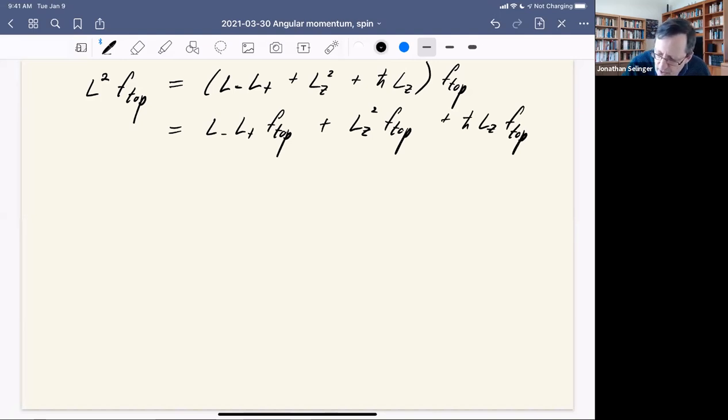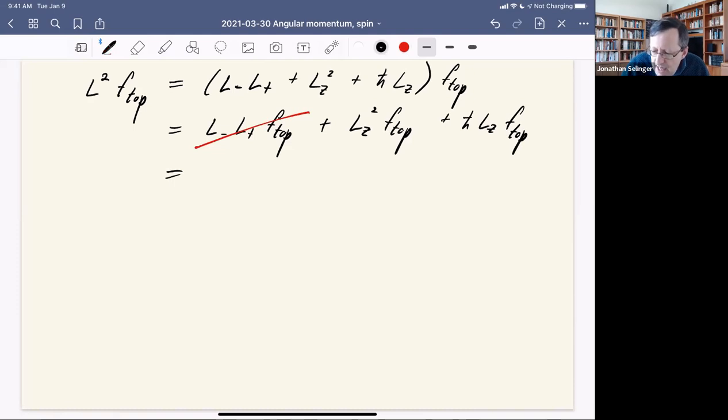What is this? Well, here we know this term is 0, because L plus acting on F top is 0, and L minus acting on 0 is still 0. What about the other terms?